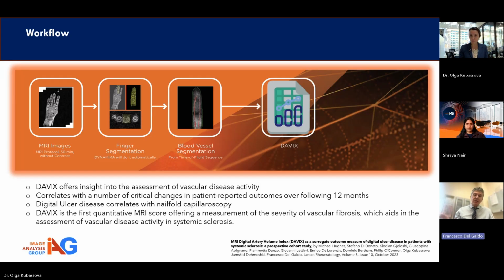And so we demonstrated that this volume is actually predictive of new digital ulcers in systemic sclerosis, and is predictive of future pulmonary arterial hypertension, in a paper that gained the cover of Lancet Rheumatology 3 years ago. And since then, this method has been increasingly used in clinical trials that want to assess efficacy also on vascular activity. And this is, in a nutshell, DAVIX.